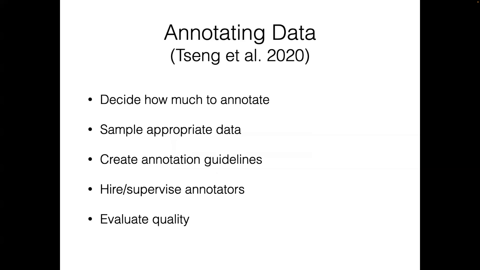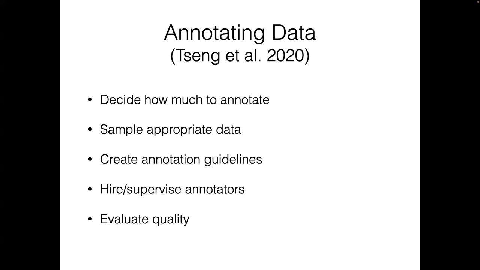So then, suppose you want to annotate data. Let's say that there's not a good sentiment analysis data set, or you're trying to solve new mathematical problems or generate code in a new language.